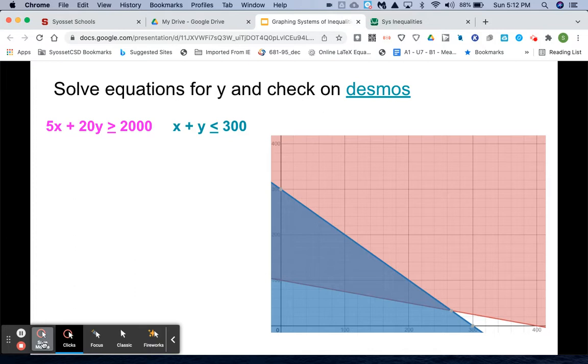So you can see here, here's your solution set. Here's your two inequalities.